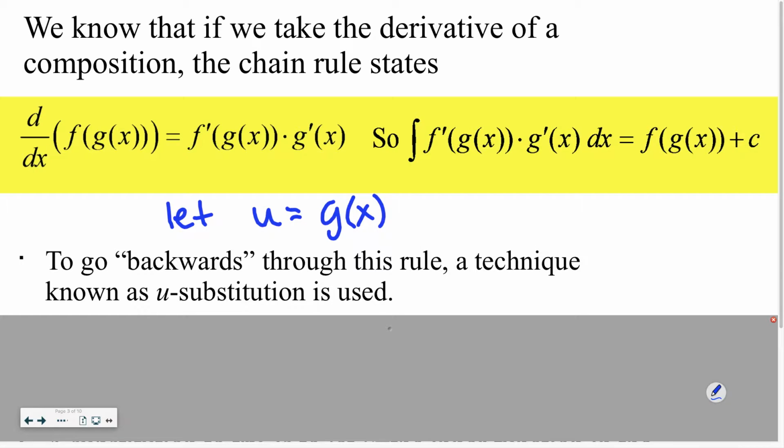But we call it U substitution because we take this inside function and we replace it with U, and then we change our antiderivative to be in terms of U instead of in terms of x. So we create this simpler antiderivative that we can then take and then go back to, okay, what was u in the beginning?